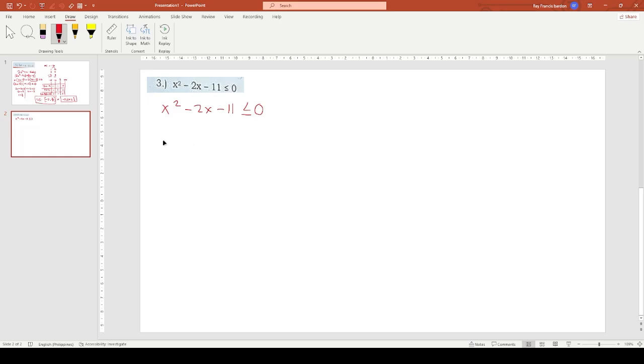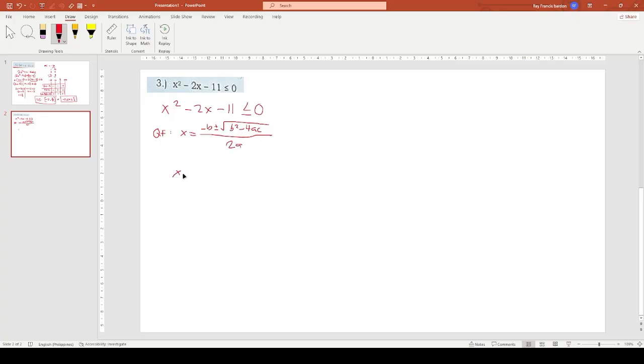Let's get first the roots from the QF, quadratic formula, which is x equals negative b plus or minus square root of b squared minus 4ac, all over 2a.